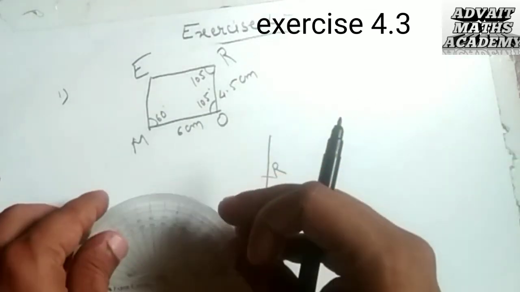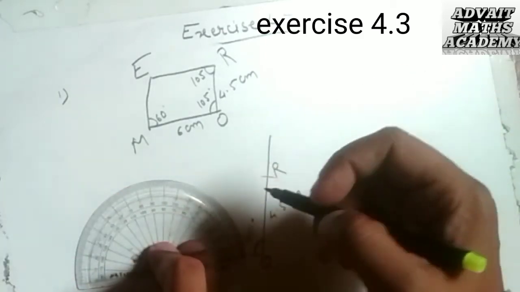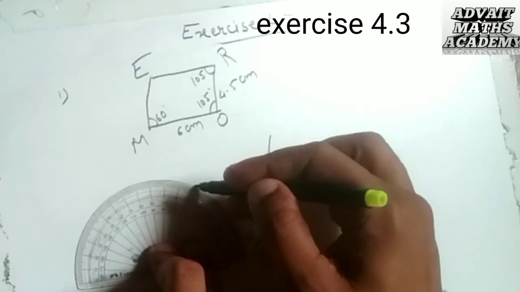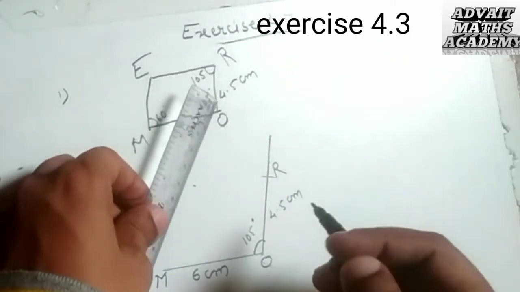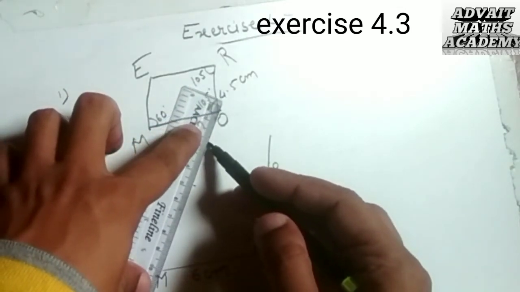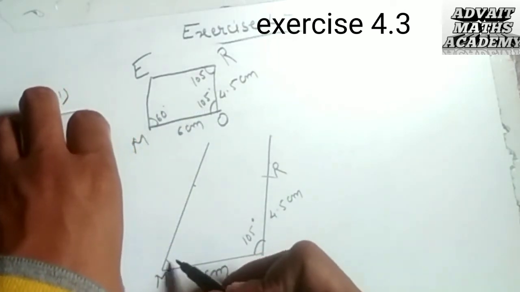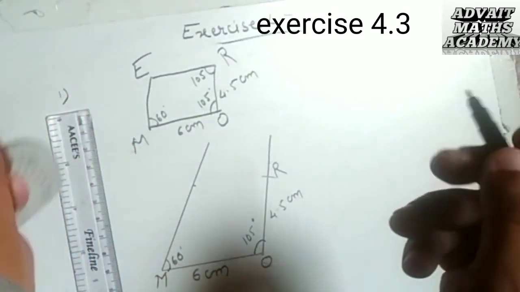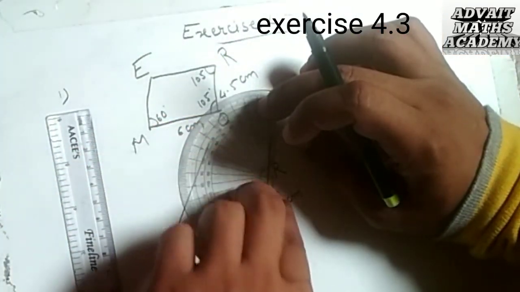From M, measure the angle 60 degree. With the help of ruler, draw this line. Right here 60 degree. From point R, also measure the 105 degree angle.